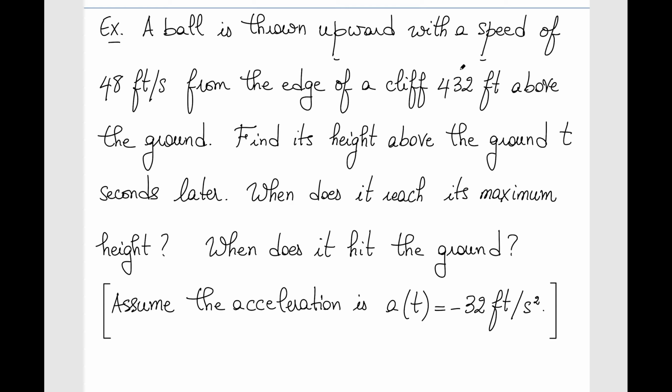The other one is that the ball is thrown from a height of 432 feet above the ground. So h of 0, if you call h the height function, the position function, at moment 0 is equal to 432, because at moment 0 the ball was at this height.